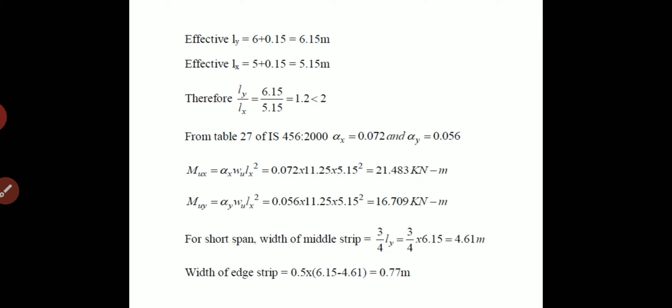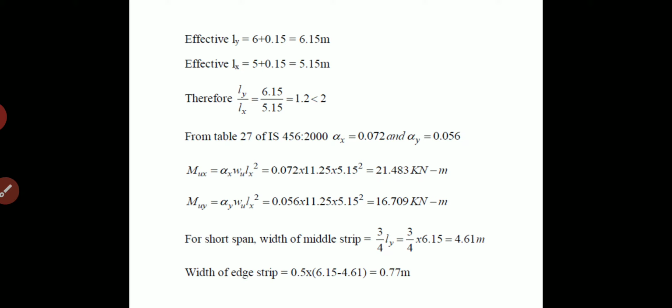So here effective Ly equal to 6 plus 0.15. Now effective Ly equal to 6.15 meter. As effective Lx, which is our shorter span is 5 meter. So effective Lx, which is effective shorter span, is 5 plus 0.15 equal to 5.15 meter.